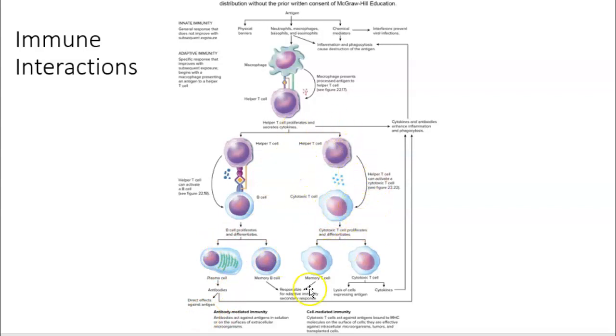Cytotoxic T cells can also differentiate into memory T cells and then just active effector cells that will fight the current infection. Cytotoxic T cells can kill cells that have an antigen inside of them, or they can release chemicals that will enhance the inflammatory process. Remember that antibodies don't directly kill any antigen, but they can render it useless and ineffective, and it can also clump them together.